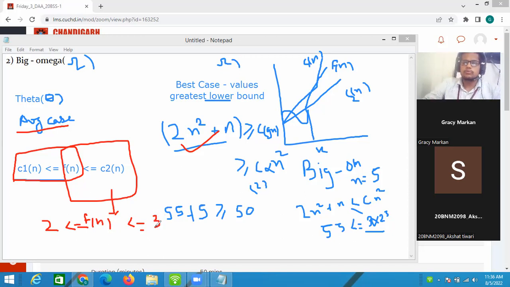So these are the 2 C values we found here, right, to evaluate this equation. It's clear now?